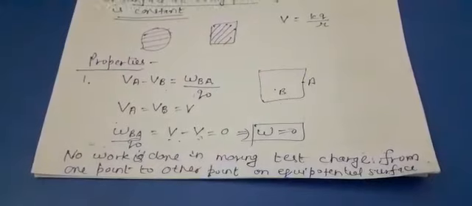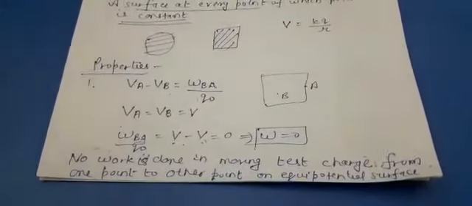This is the conclusion. Sometimes its proof can be asked in short. Now, after this we are taking the second property.